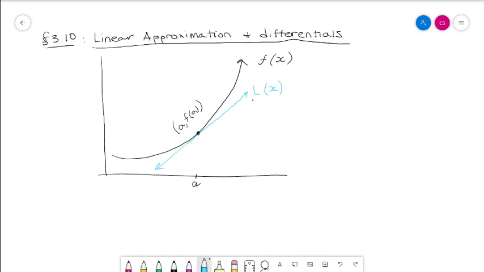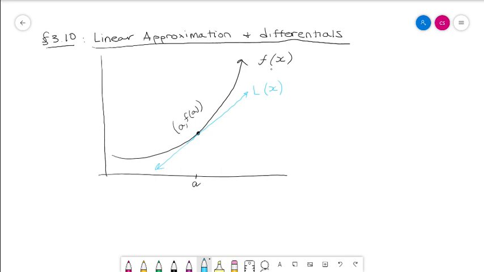But how difficult is it to find values on a line, y equals mx plus b? It's quite easy, right? You plug in a number, you multiply it by m, and you add a constant. So calculating values on a line, a tangent line, is easy. Sometimes calculating values on a curve is difficult.